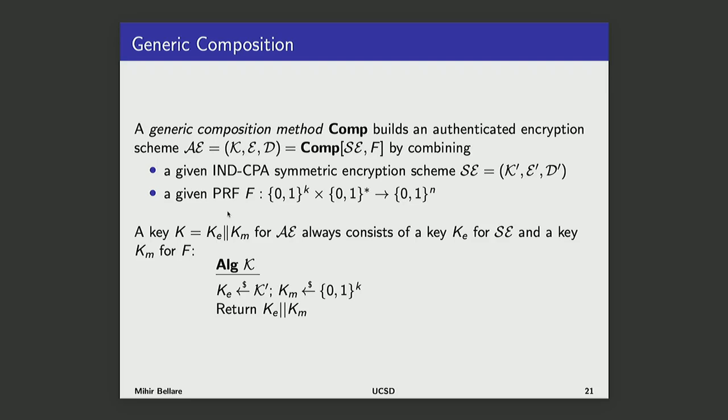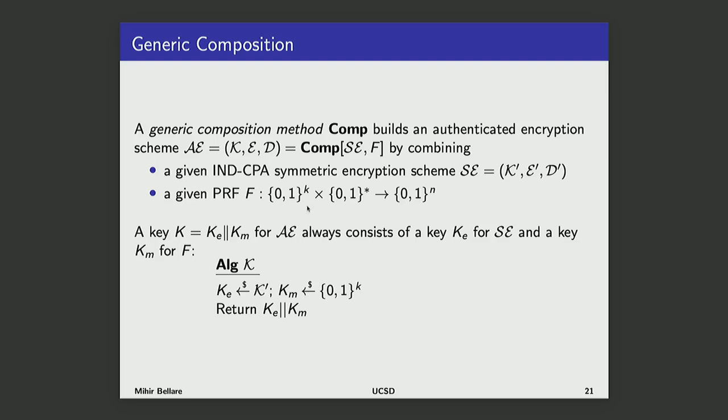Okay, so in designing this, let's just do it step by step. So we'll start with saying how key generation works. And the answer is that since there are 2 things here, encryption and a MAC, our key generation here will just give us keys for each of them. So this algorithm will first run this one, and get a key which it can use for SE. So that's our encryption key, K sub E. Now it also wants a key for the MAC or PRF, and this PRF we're going to write as taking k-bit keys, arbitrary length messages, and outputs of n bits.